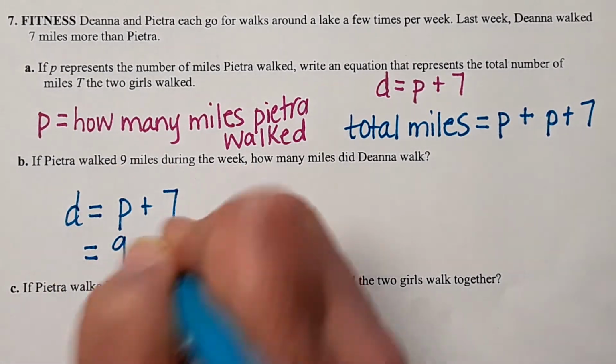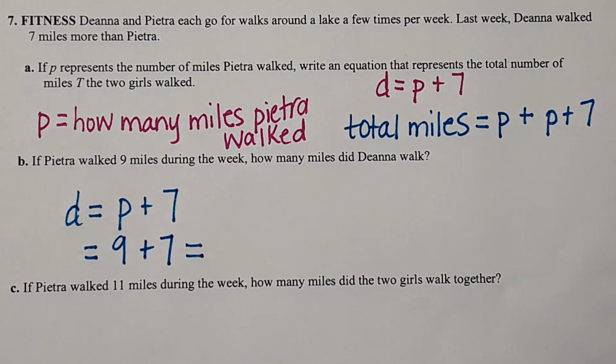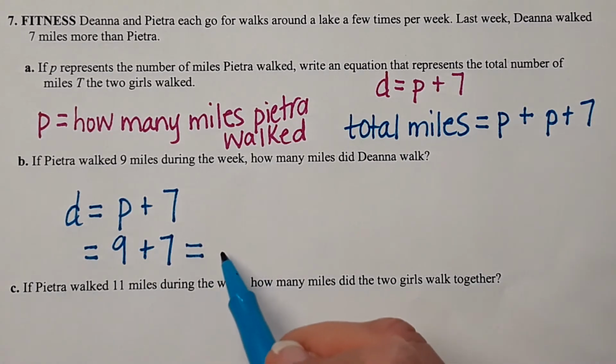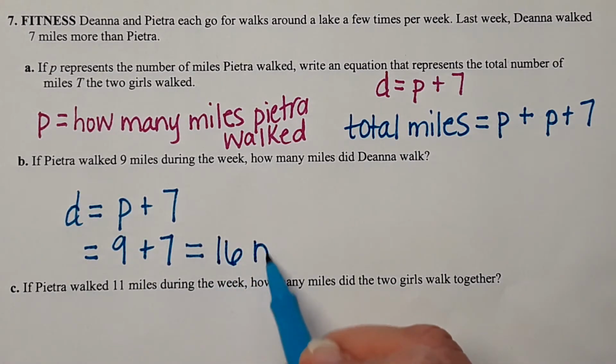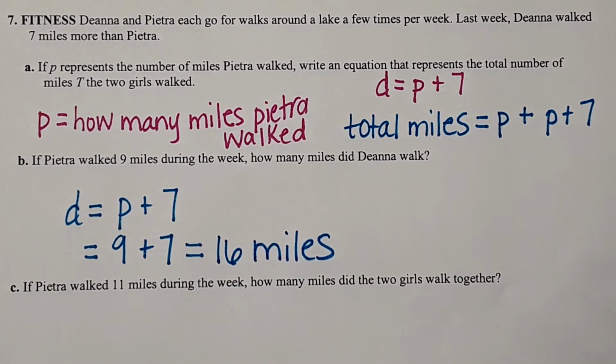Plus Deanna 7. Okay, so 9 plus 7 is what? 16. And we're going to write 16 miles. You guys, because it's specifically asking you how many miles she walked, you need to make it in the context of the problem, so you need to write that miles.